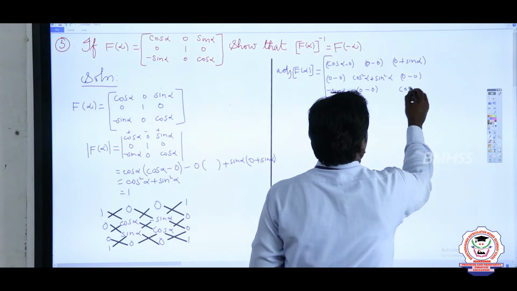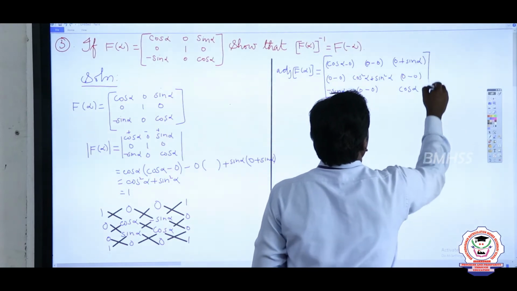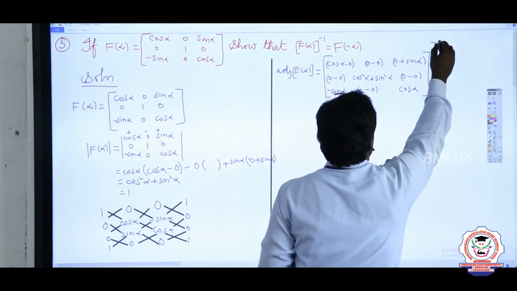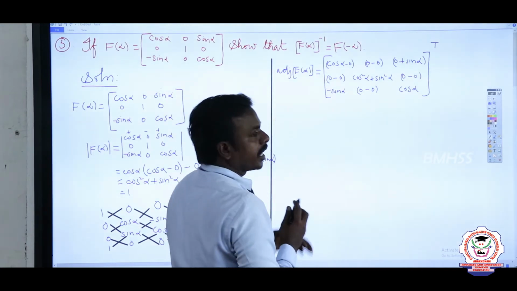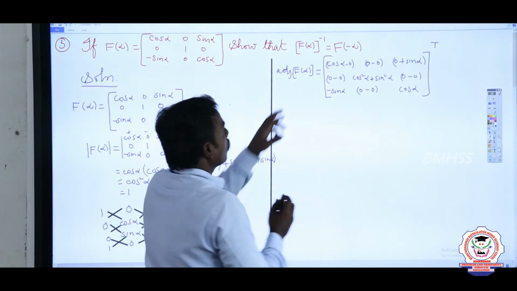From this, we need to transpose. The transpose of this value is the adjoint of f of alpha. Now I am going to simplify this.